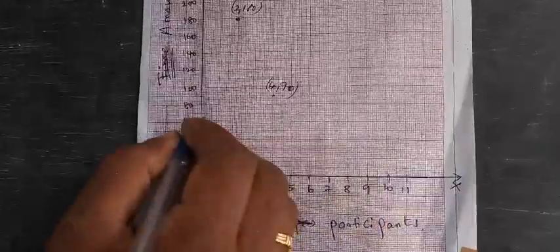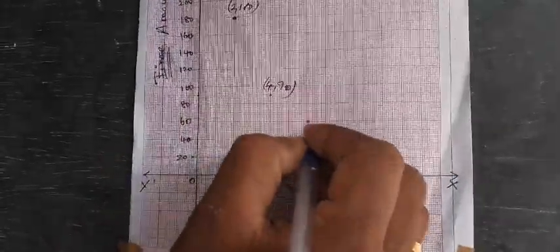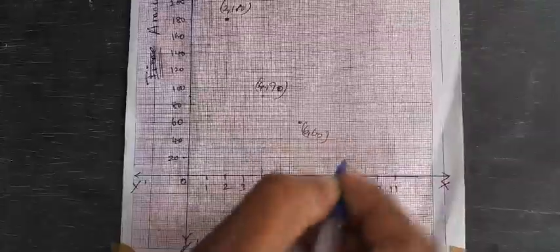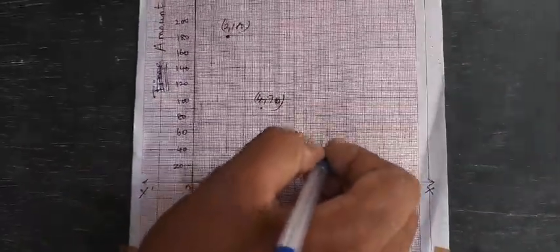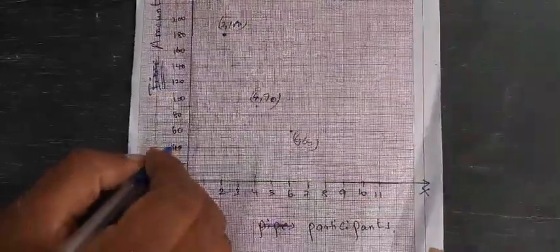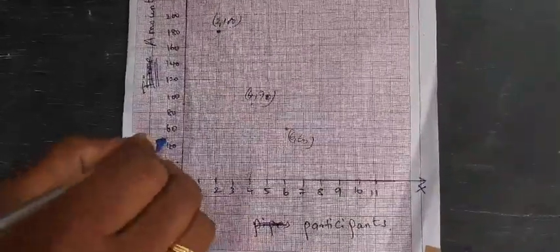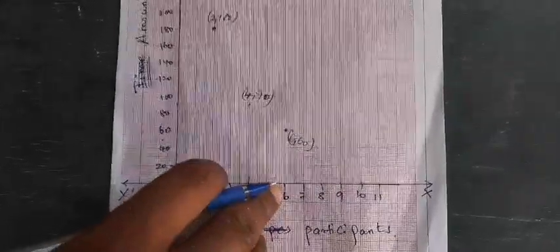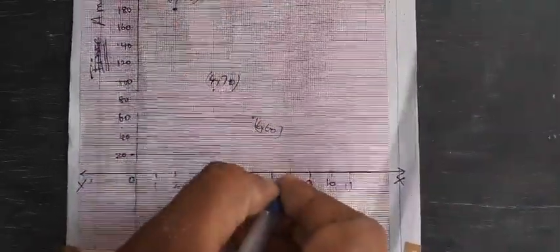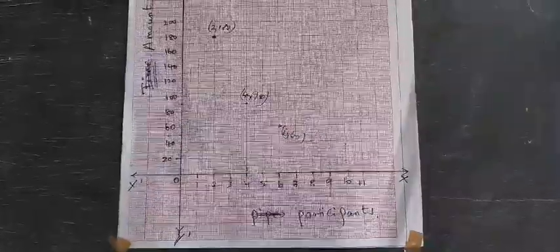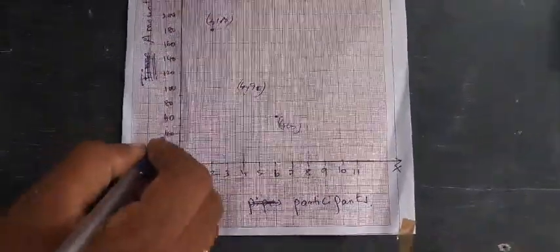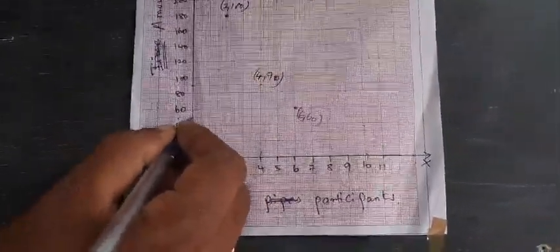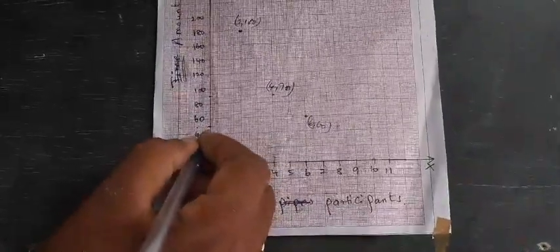Then 8 comma 45, 8 will be here; here 40, here 60, 40 and 50, and 45 will be in the middle.